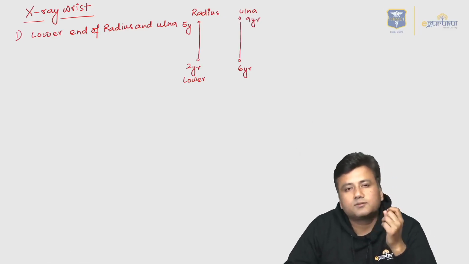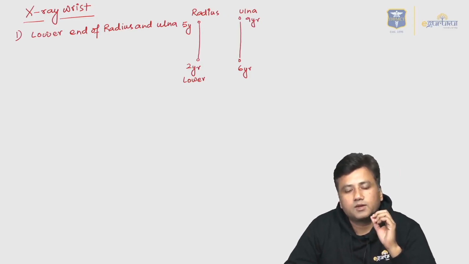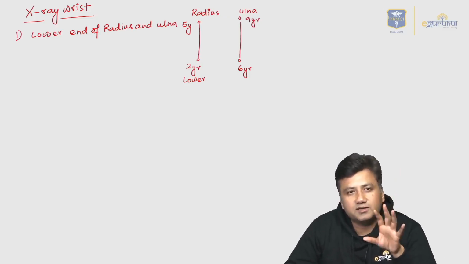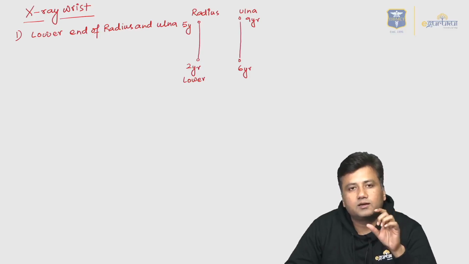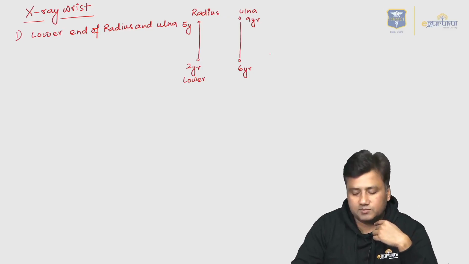So what do we see in the lower and upper end of radius and ulna? Between the age of appearance of the lower end and the upper end, there is a gap of 3 years. Lower end of radius 2, so upper end comes at 5. Lower end of ulna comes at 6, so upper end comes at 9.